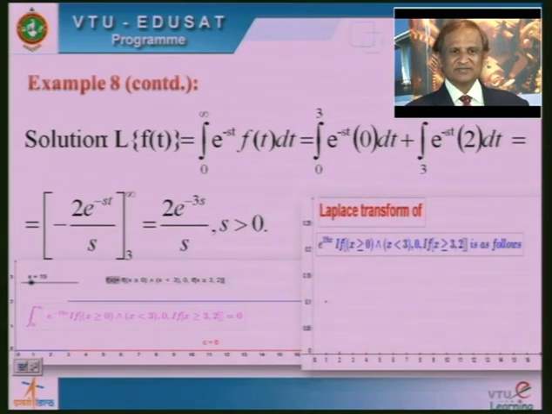Suppose it is piecewise continuous, how are we going to find it? It is very simple. We know the basic definition. What is the basic definition? L of f of t is equal to the integration from 0 to infinity of e raised to minus st f of t dt. So now I want to replace f of t by the given function. This function can be written in this form.